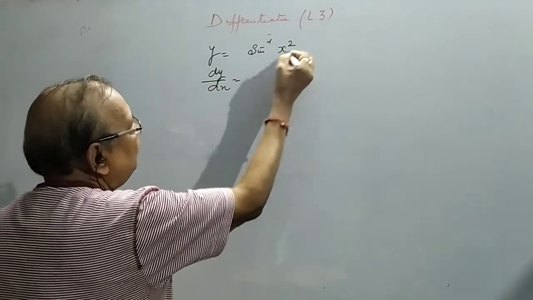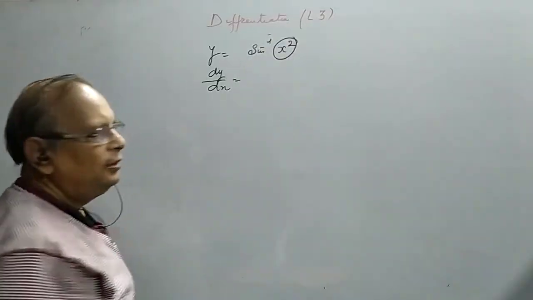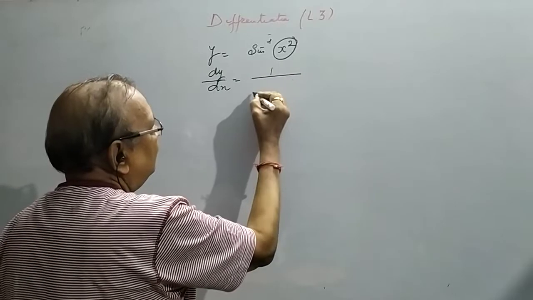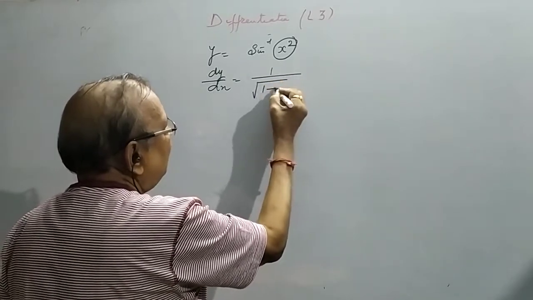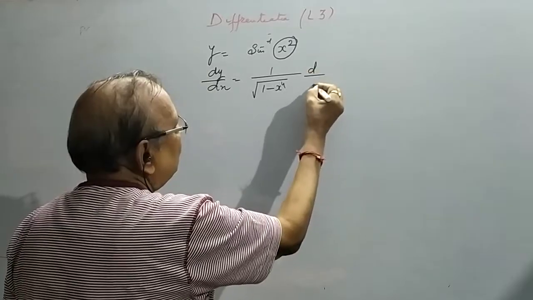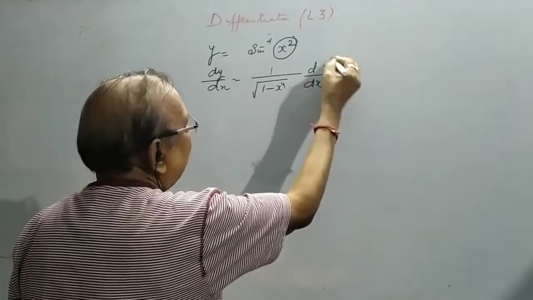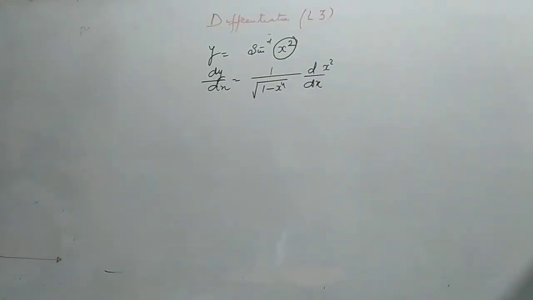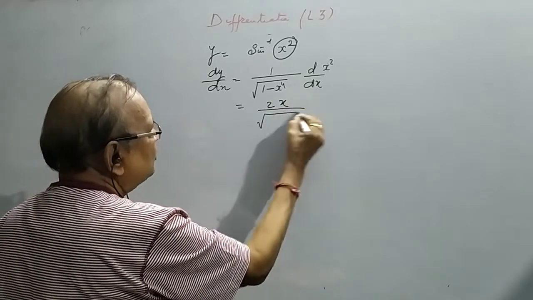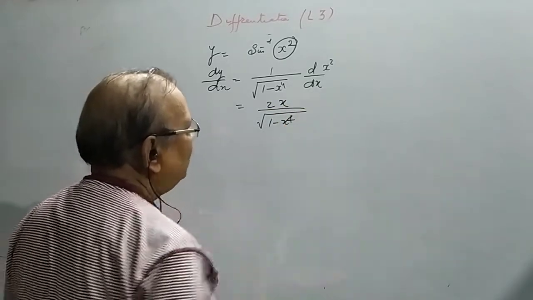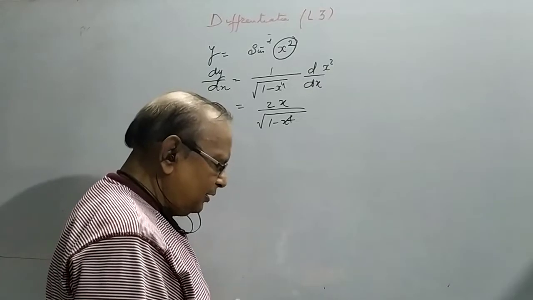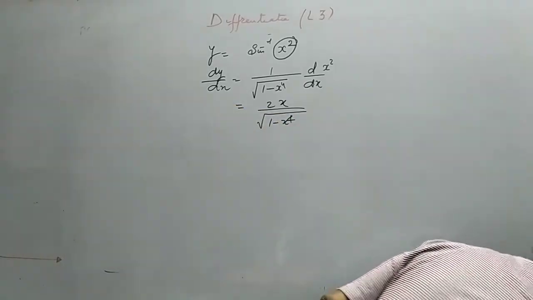If we assume x square as t in sine inverse t, we get 1 upon under root 1 minus t square, that is 1 minus x raised to the power 4, and d by dx of x square, which is 2x. That means 2x upon under root 1 minus x raised to the power 4. That is quite simple. Similarly, we take another example.